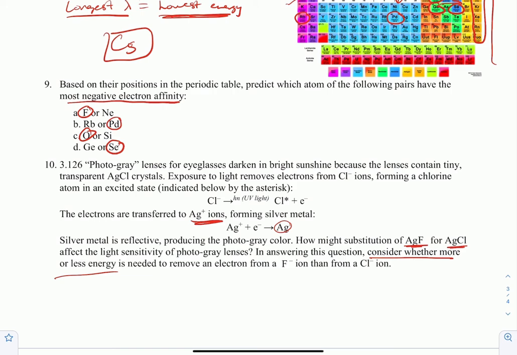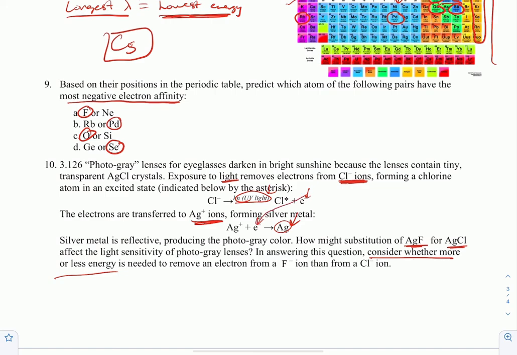Okay, so let's condense this down. If we hit the chlorine ions with light, okay, it creates our silver metal, right? And the silver metal is the reflective part that we're able to produce. So we have a certain energy per photon that's required to knock off that electron.